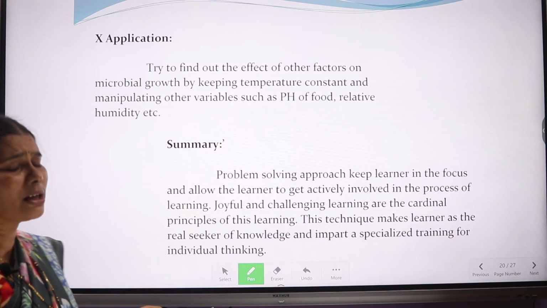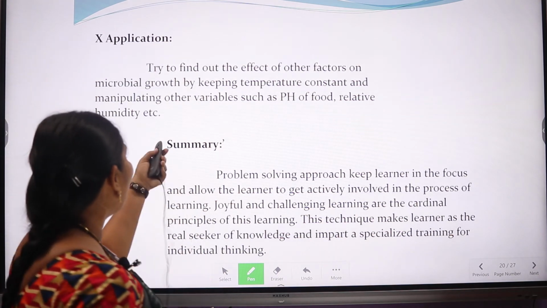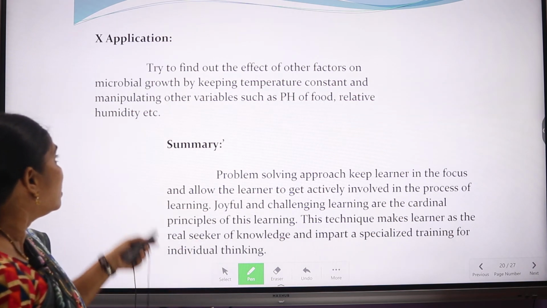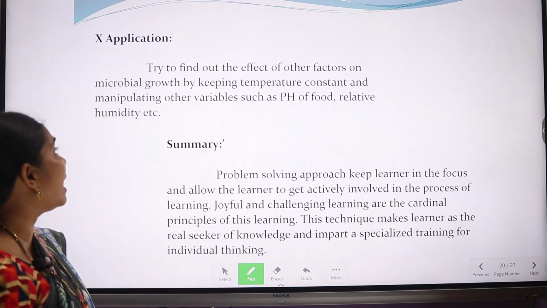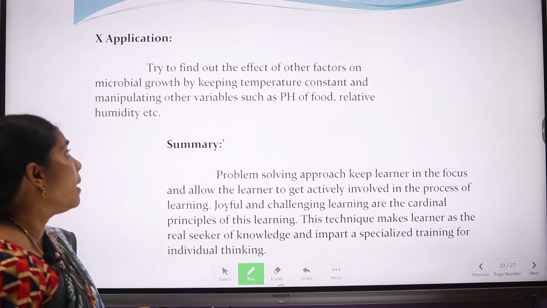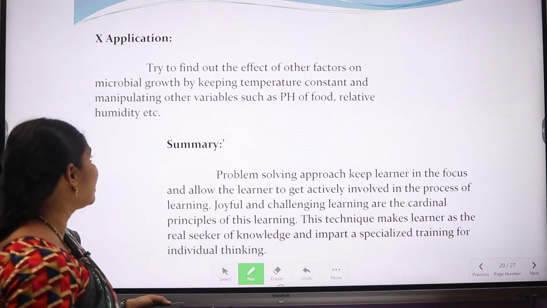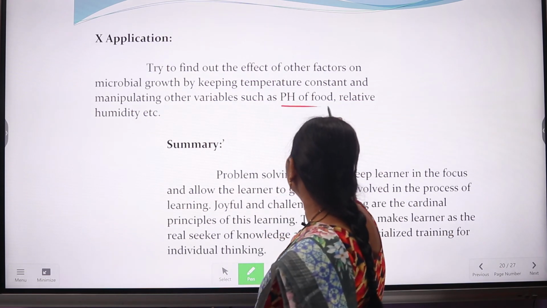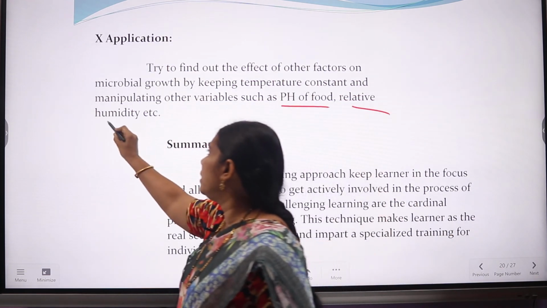With this basic information, they are going to apply this in daily life situations, where they try to find out the effect of other factors on microbial growth by keeping the temperature constant and manipulating other variables like pH of the food and relative humidity.